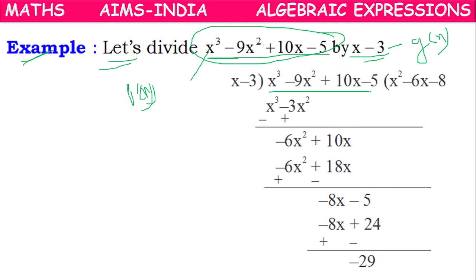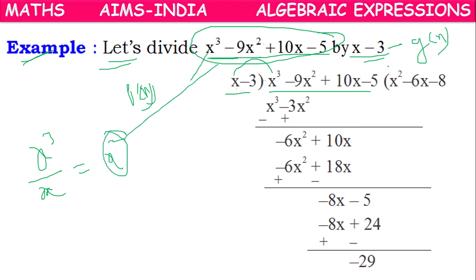So let's write p of x in the brackets, and on the left hand side of the bracket, let's take g of x. Now we have to divide the first term of the dividend by the first term of the divisor: x cube by x. 1x cancels, x square will remain. This will become the first term in the quotient.